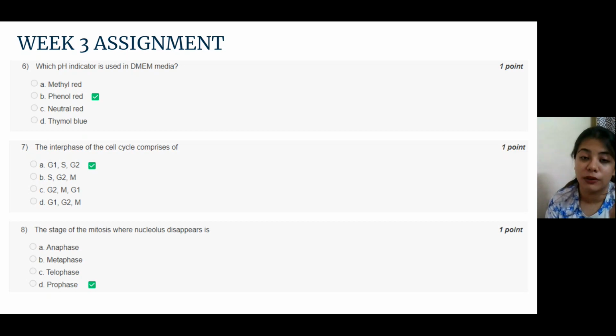Therefore the pH of the medium in which the cells are present is also extremely crucial. So the reason for using a pH indicator is twofold. One is to make sure that the pH is fine, and that the culture medium in which the cells are being allowed to grow is not exhausted or deprived of nutrients.